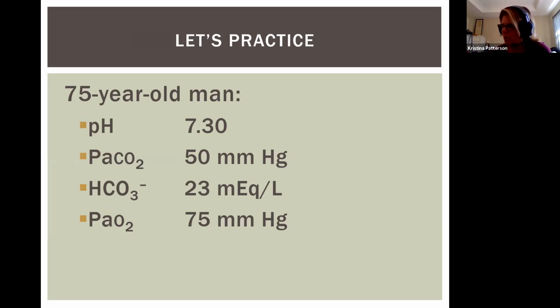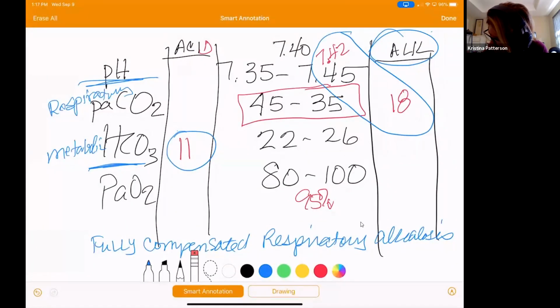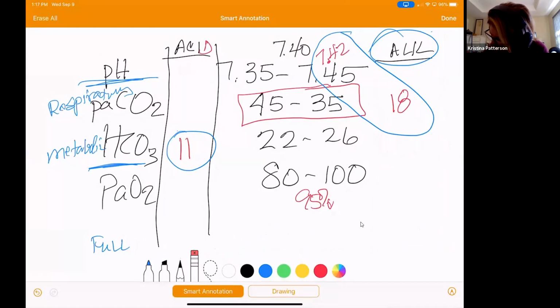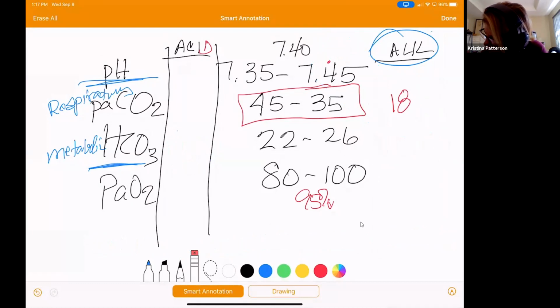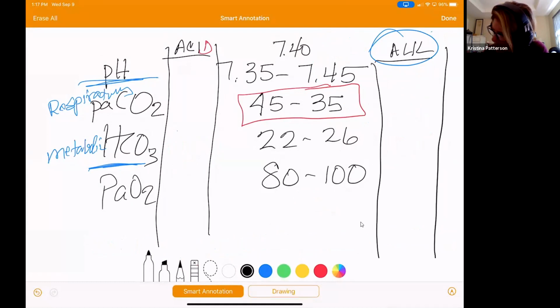All right, so we're going to switch to our iPad and take a quick look at this one. All right, so we're back to our regular template, and we're going to plug in these numbers.